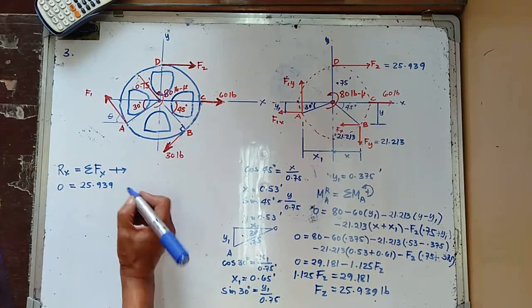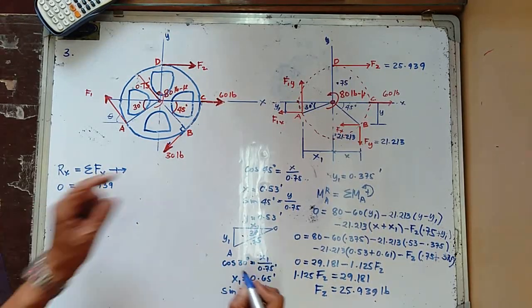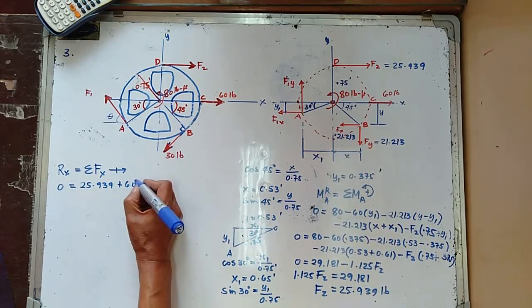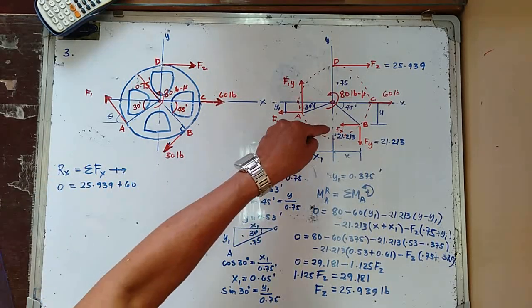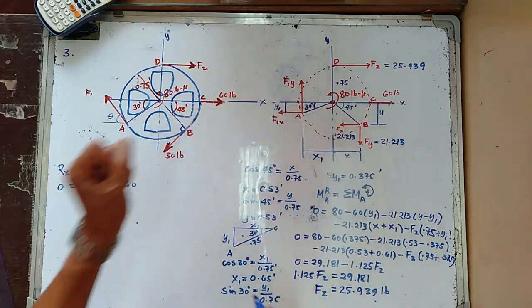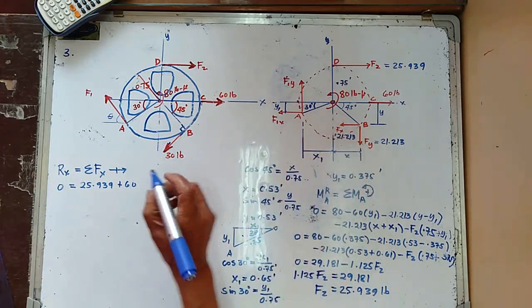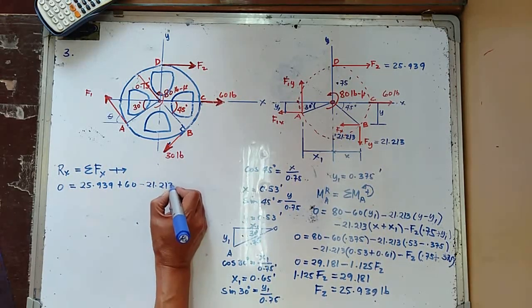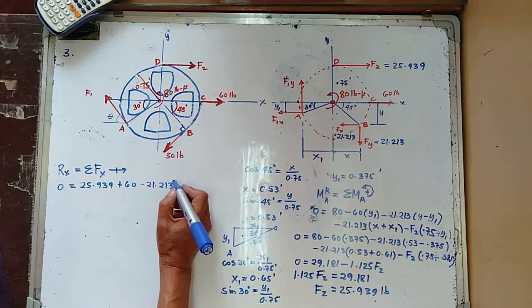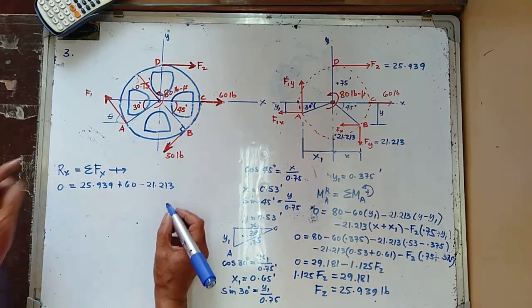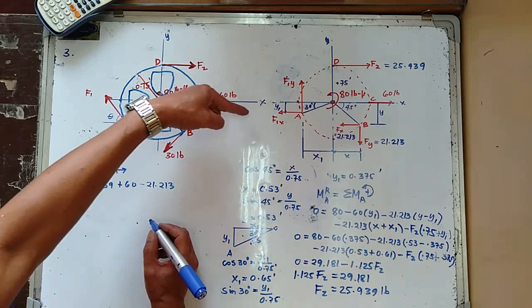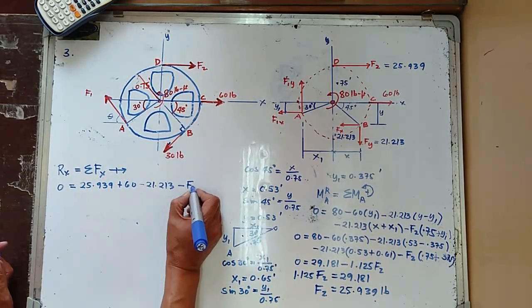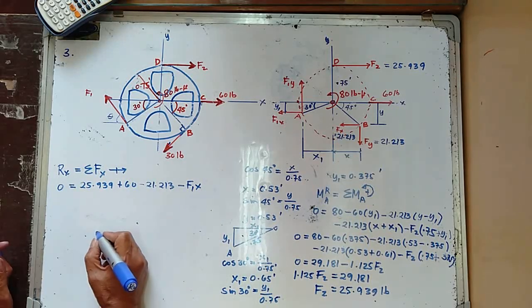Then plus 60, minus 21.213, or minus Fx, and then we have F1x going to the left, so minus F1x.